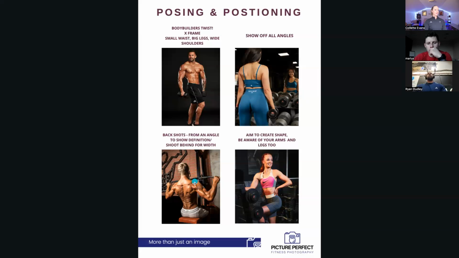And again, with the angles, if you're shooting backs, a lot of people go straight on. Now, I tend to do a straight on shot to show width and lat width. But then I also do an angled one from the side because it tends to show better definition.